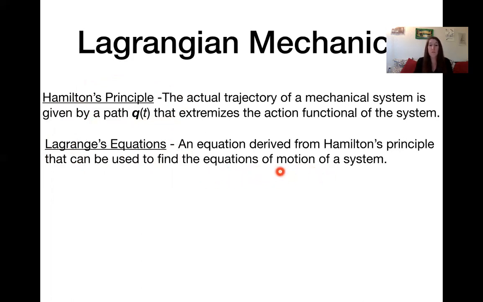Now, really, equations of motion are the things that ultimately we're interested in. So really what we're doing is we're replacing Newton's laws with Lagrange's equations, which will give us the same equations of motion we would have derived by applying, for instance, F equals ma, but this is going to be an entirely different way of getting to these equations.